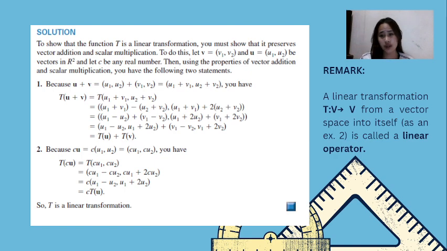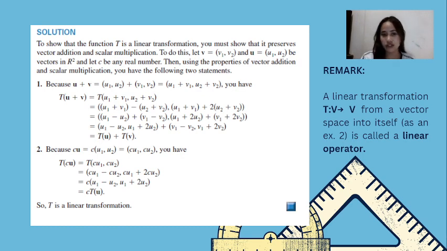If masatisfy niya yung dalawang properties na yun, then we can say that a function is a linear transformation. To do this, let v = (v1, v2) and u = (u1, u2) be vectors in R2, and let c be any real number. Then, using the properties of vector addition and scalar multiplication, we have the following two statements.